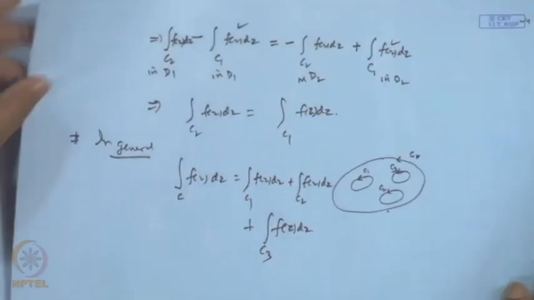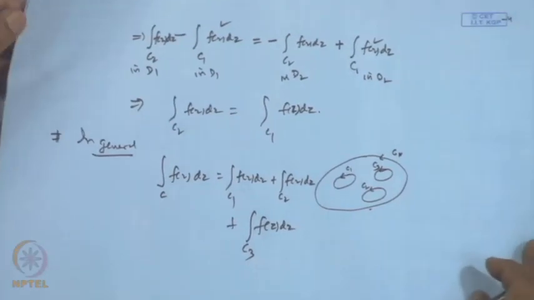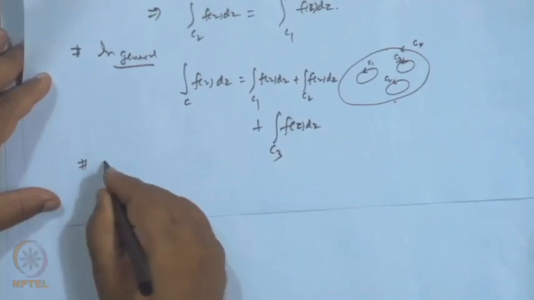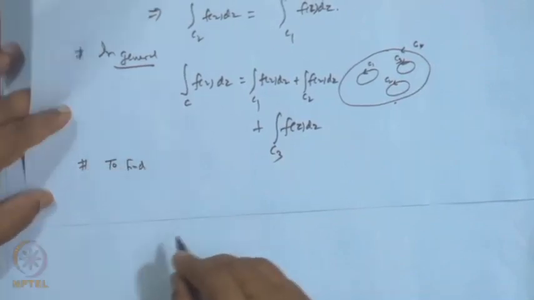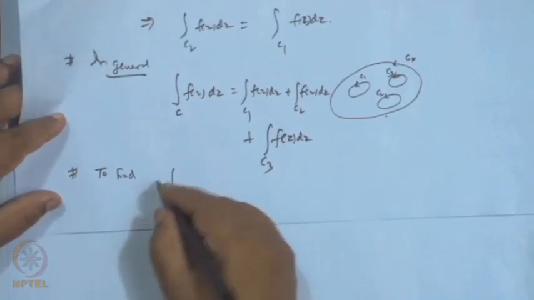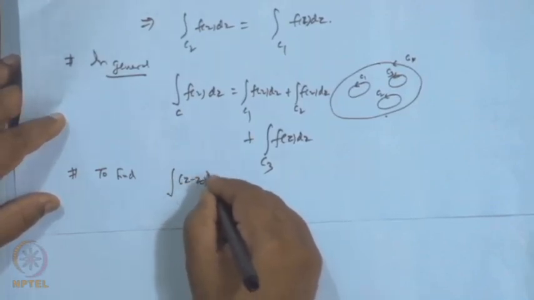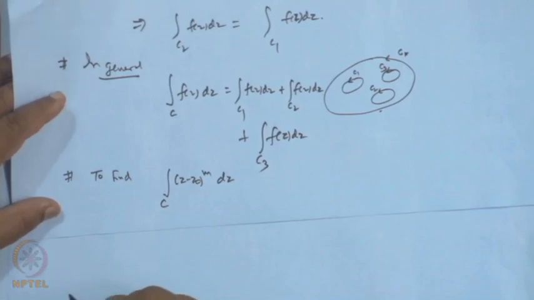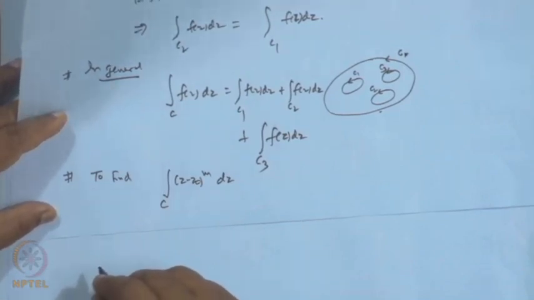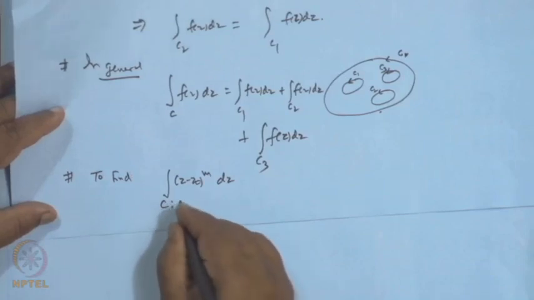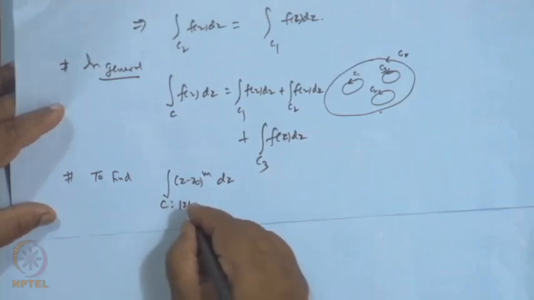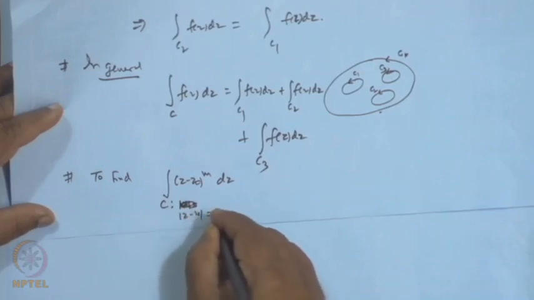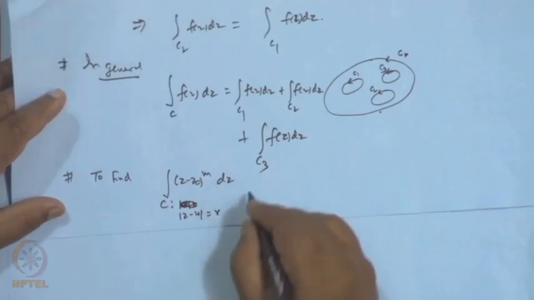Now, before going further, let us see some more examples. The first, which is an interesting example, is to find the value of this integral, because it will be used: the integral of dz over z minus z naught to the power m over C, where C is the circle, a closed curve, mod z minus z naught equal to r.